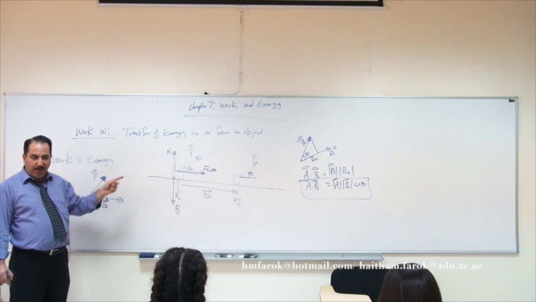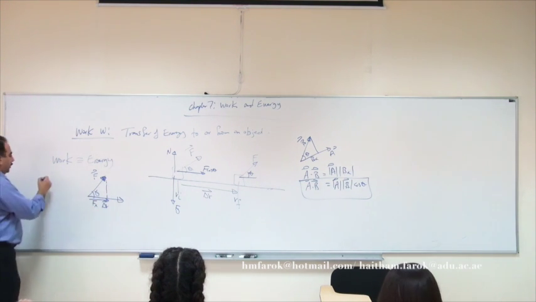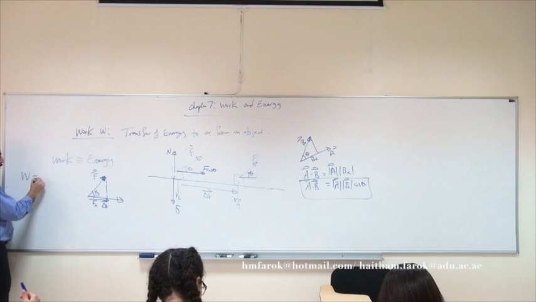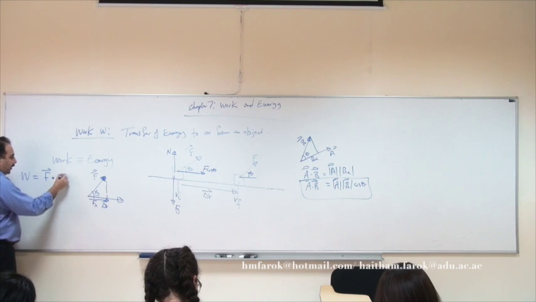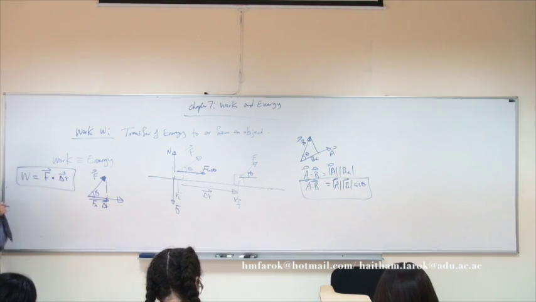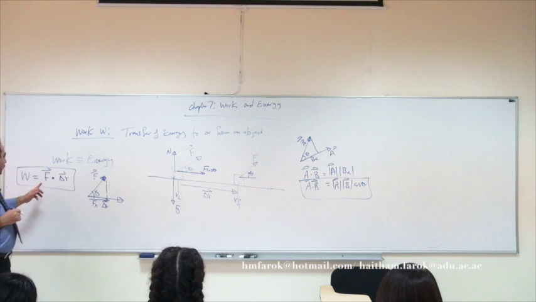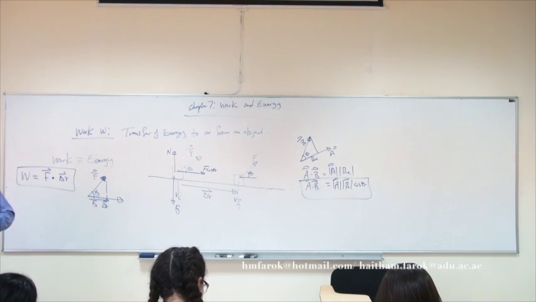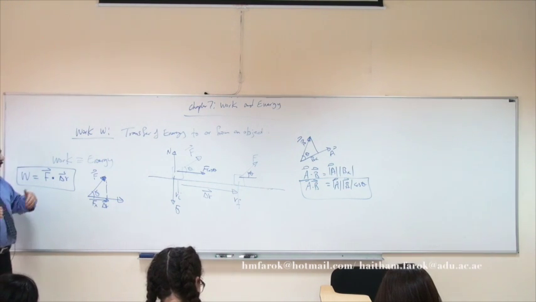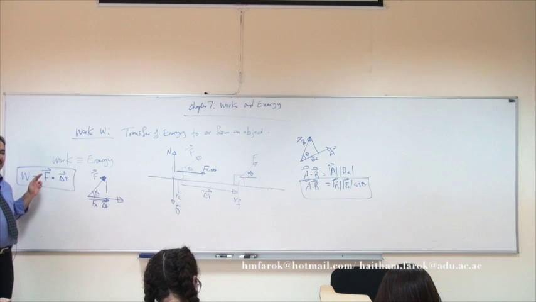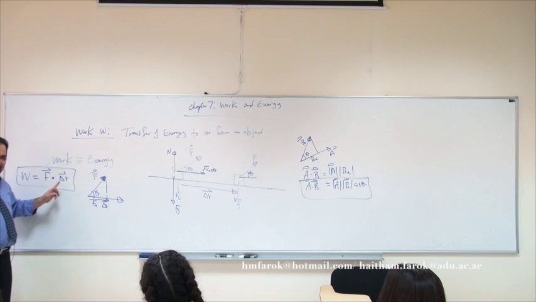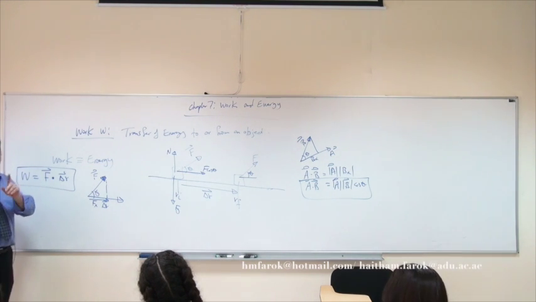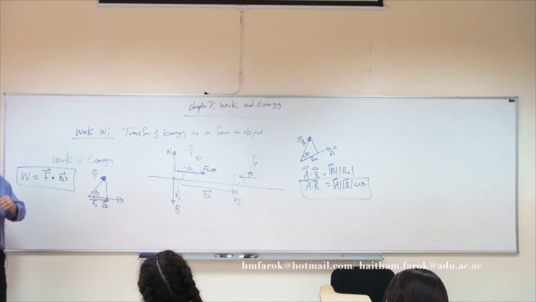So that's why we need dot product, because work, now we define it, work mathematically is equal to force vector dot displacement vector, dot product. So it's force dot displacement. Now, if it's a dot product, it means you can find it by the I of F by the I of delta R, J by J, K by K, but you add them without I, J, K, dot product, scalar.